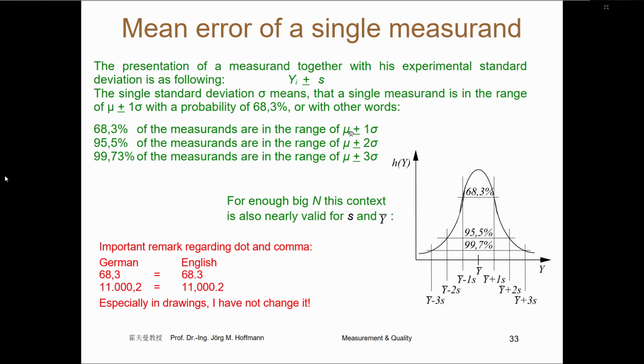This is valid for micro and the standard deviation, but the sigma, both with n against infinite. But because we can never measure an infinite number, we take it also for S and y. S for sigma, the mean for the expected mean.